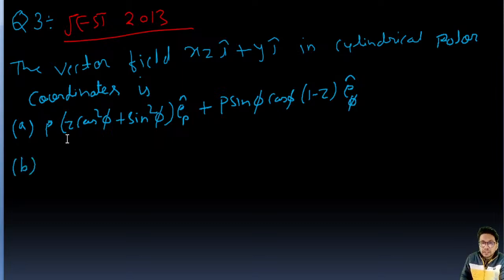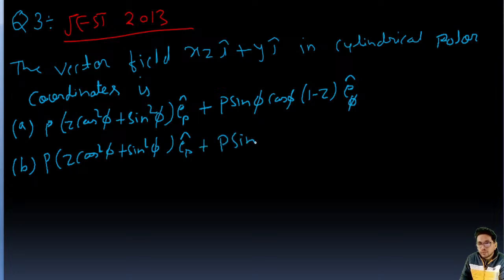Option B: rho z cos square phi plus sin square phi rho cap, plus rho sin phi cos phi 1 plus z phi cap.